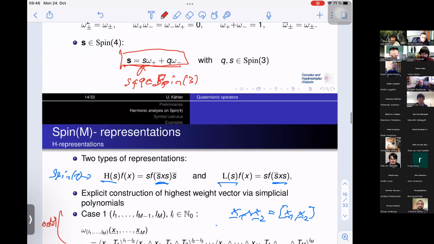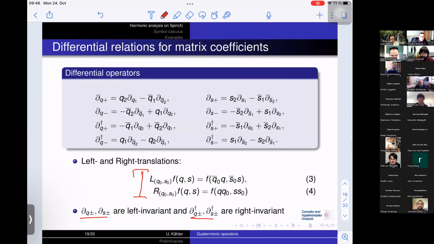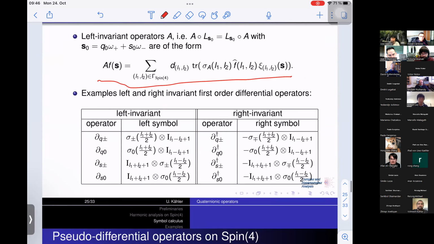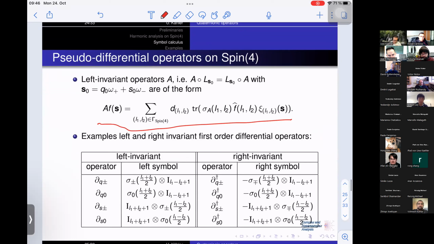These Qs, the initial ones, are this part, and I can write the symbol just down for them, in Q or in S. And the sigmas are just the symbols for the spin, the symbols for these operators Q plus minus 1 in spin 3. Then I just take the tensor with the identity in the S. That's all.